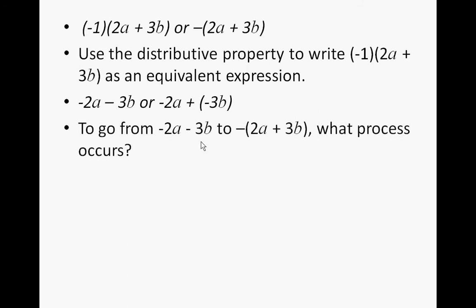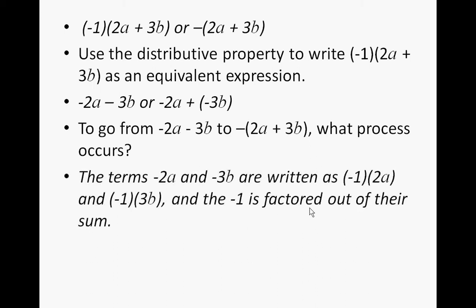So to go from negative 2a minus 3b to the opposite of the quantity of 2a plus 3b, what process occurs? Well, the terms negative 2a and negative 3b are written as negative 1 times 2a and negative 1 times 3b, and the negative 1 is factored out of their sum.